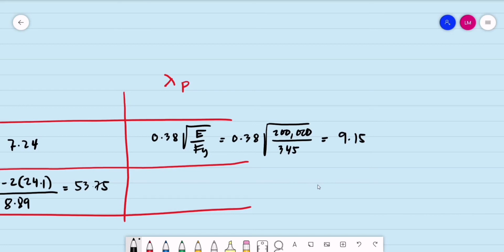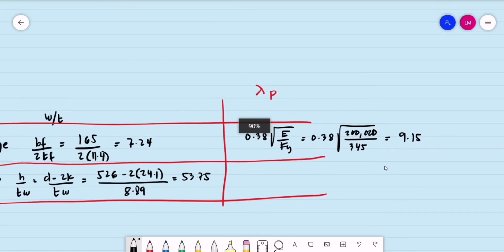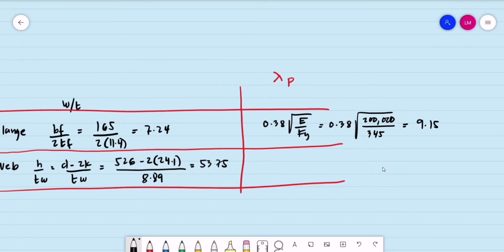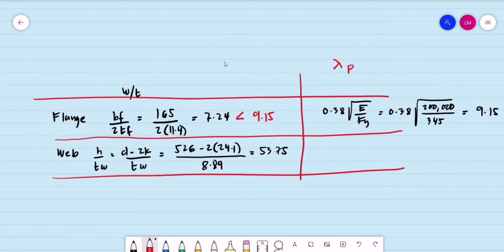If we now compare, the value of lambda sub p, 9.15, is greater than the width to thickness ratio for the flange. Therefore, we can conclude that the flange is compact.